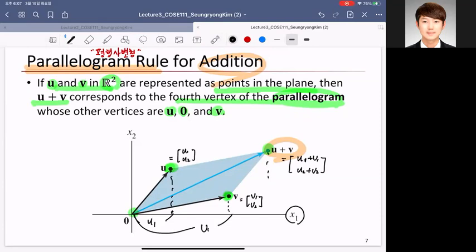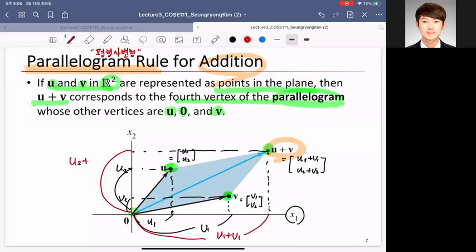Then the x1 element of u plus v should be u1 plus v1. Similarly, the second element, the x2 element, should be v2 and u2, right? And finally u2 plus v2 should look like this.